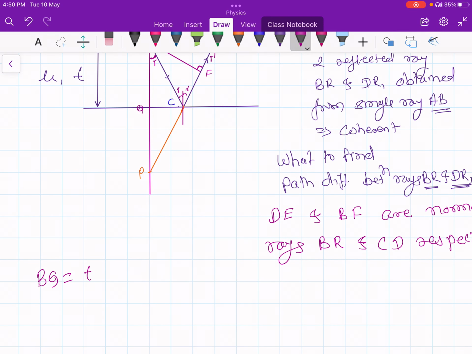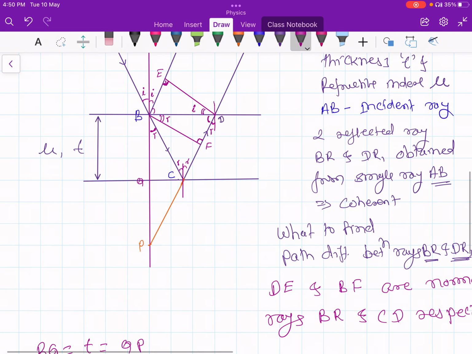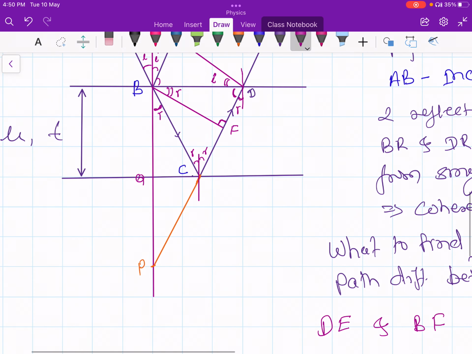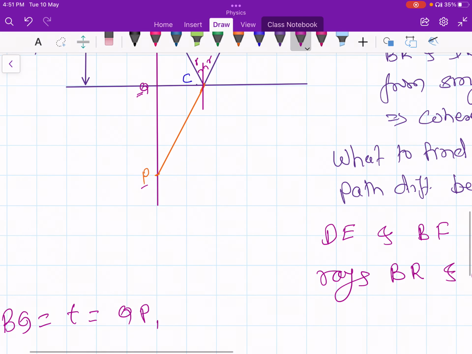BQ equals T, and that is equal to QP. So BP is equal to twice the thickness of the film.